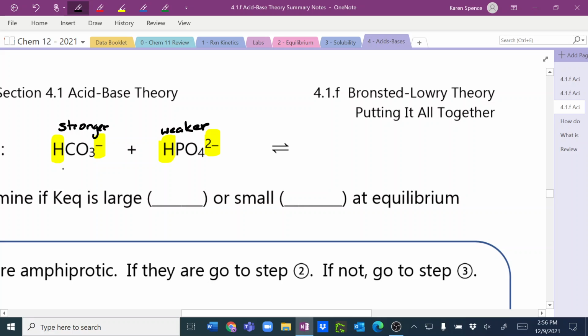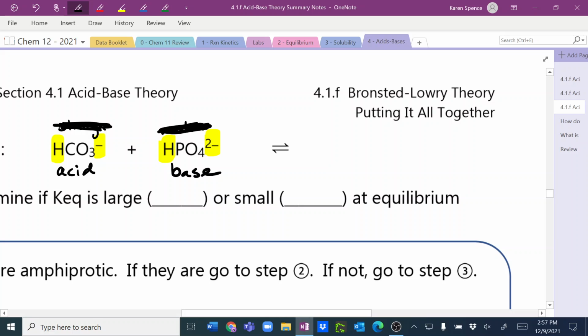Therefore, this one's going to act as the acid, and this one's going to act as the base. Now that I've done that, I'm going to cross these out because I don't want to use that information anymore. Now that I've determined the acid and the base, I'm going to make a different comparison later.